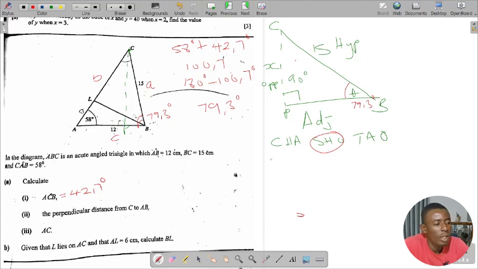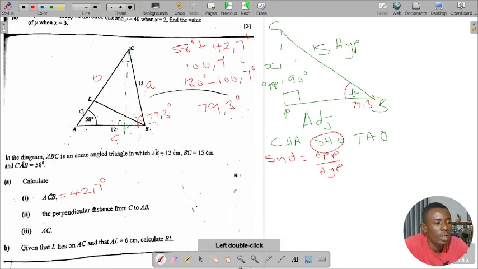So our formula for sine theta is equals to opposite over hypotenuse. So our angle here, theta, is 79.3.